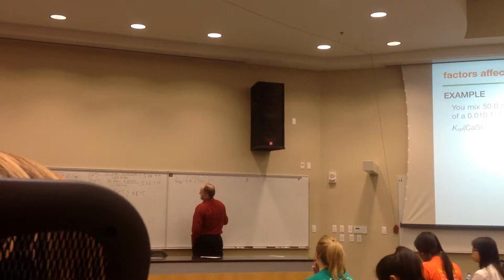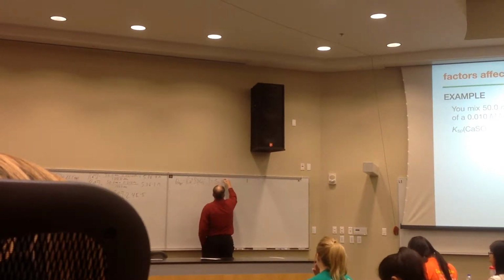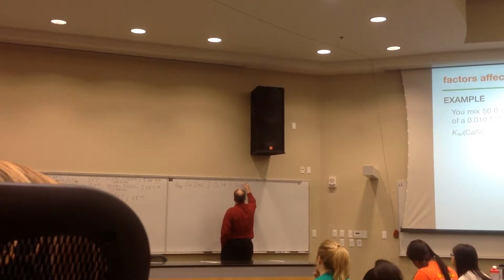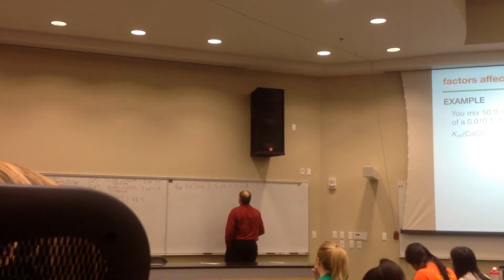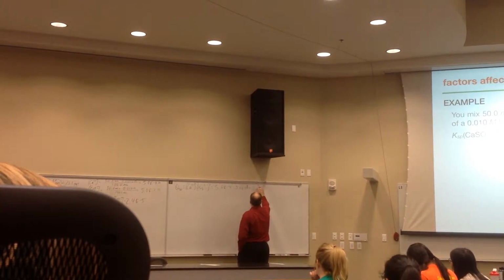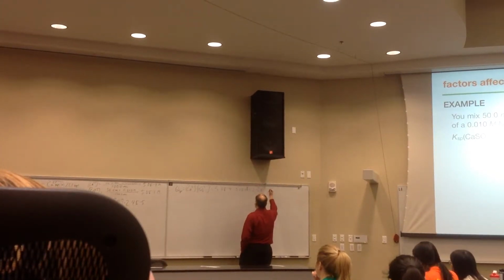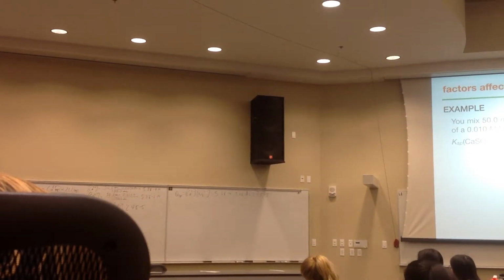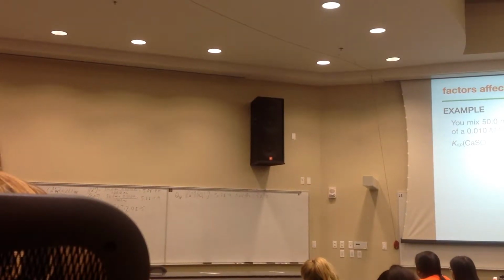So I have, this is easy, I don't square anything. 5.0 times 10 to the minus 4 times 5.0 times 10 to the minus 2. And if I can do math in my head, that should be 2.5 times 10 to the minus 5. It is early. I was right.